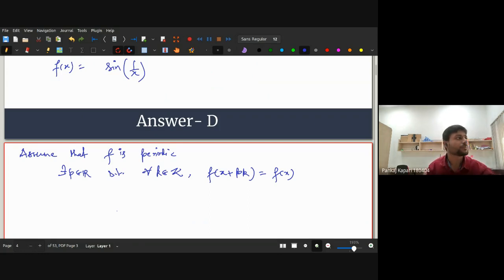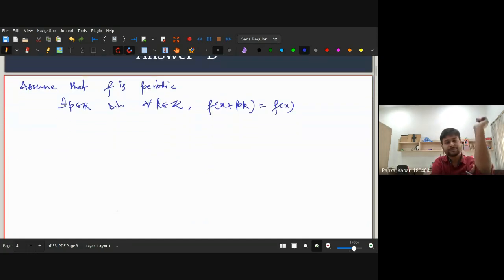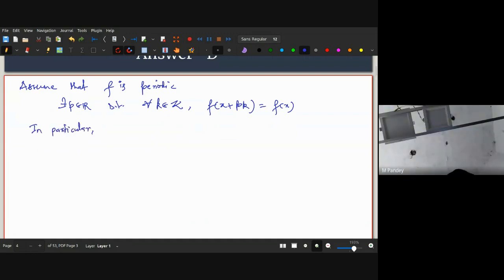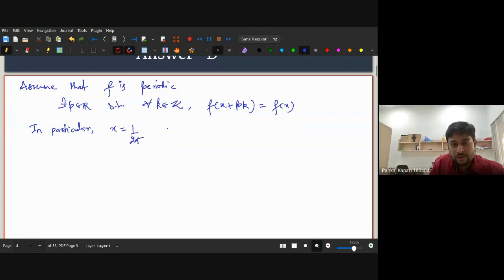In general, or in particular, what will happen if you put x equal to 1 over 2 pi? Then you will have f of pk plus 1 over 2 pi the same as f of 1 over 2 pi.